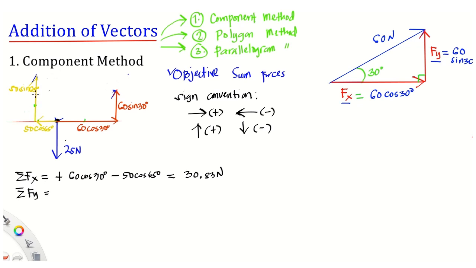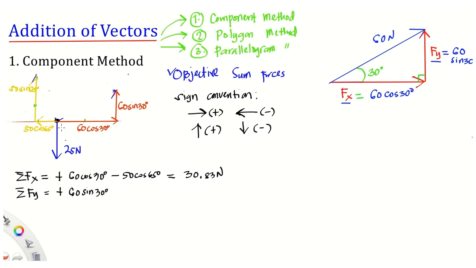The same thing also, we are going to sum forces acting along the y-axis. So how many forces are acting along y? We have 1, we have 2, and we have 3. According to the sign convention, when the force is acting upwards, it is positive. Force acting downwards is negative. Let us start with 60. 60 is acting upwards, therefore it is positive 60 sine 30.